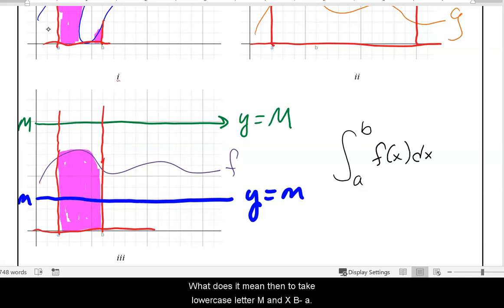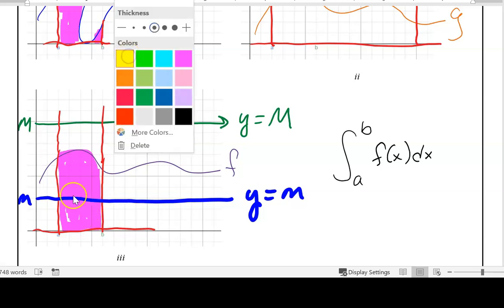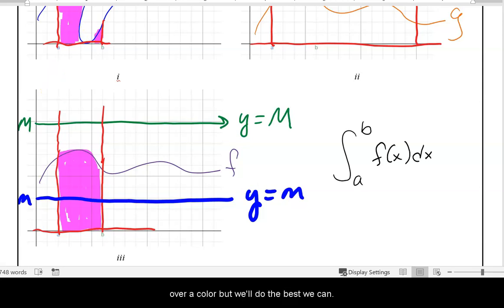What does it mean then to take lowercase letter m and multiply by b minus a? Well, b minus a is the width here, and m would be the height of a box. Let's represent that with the yellow. It's not going to show up as well because I've got a color over a color, but we'll do the best we can.